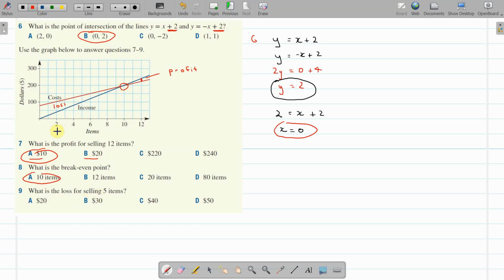What's the loss for selling 5 items? Okay, another loss one. Again, the loss for 5 items would be the difference between these two lines here. That's the loss at a level with 5. 5 items, that's here.